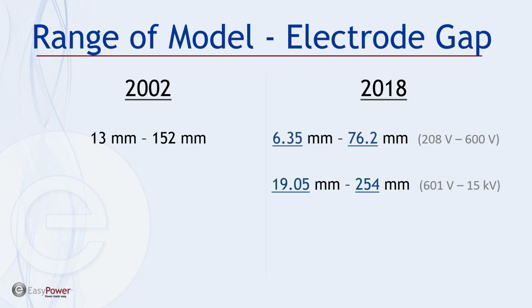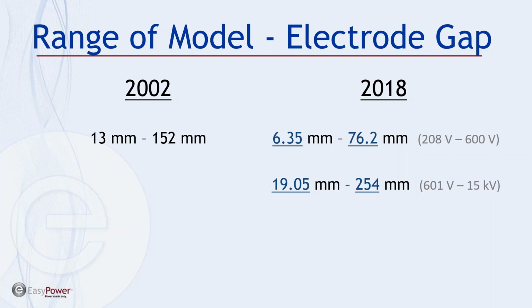Probably the most interesting change in the model is the orientation of the electrode. In 2002, the electrode gap, or actually this is more accurately referred to as the air gap, ranged from 13 millimeters to 152 millimeters, and this was based upon the area where bare conductors came in the nearest proximity to each other.